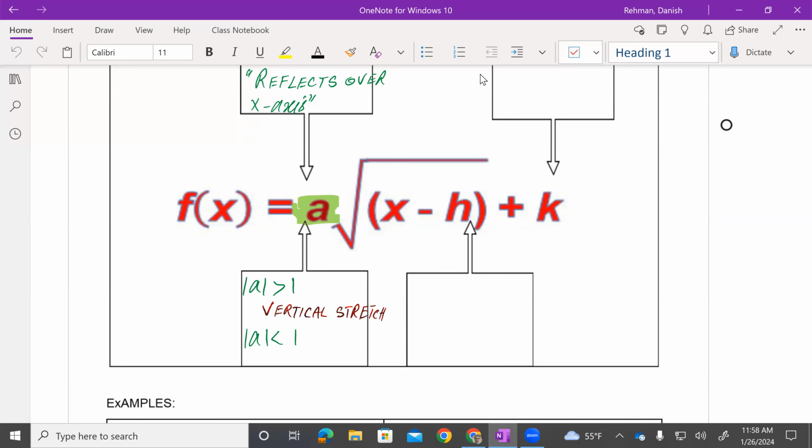Then after that, if A is less than 1, let me highlight it one more time. If the absolute value of A is less than 1, then what will that mean? We will simply claim that this is a vertical shrink. We can use the word shrink, or we can also say compression.